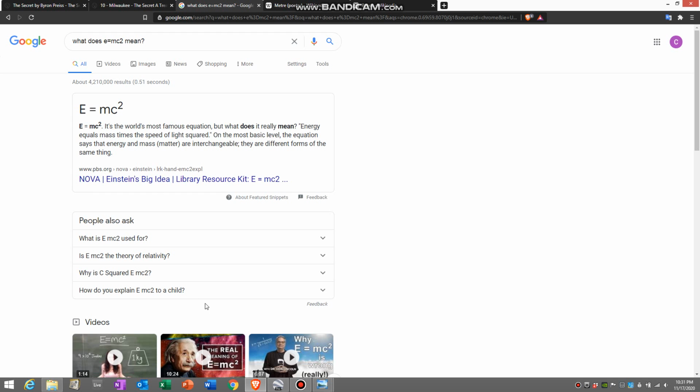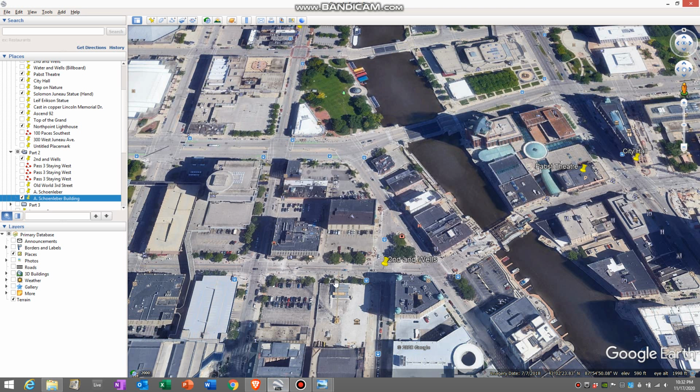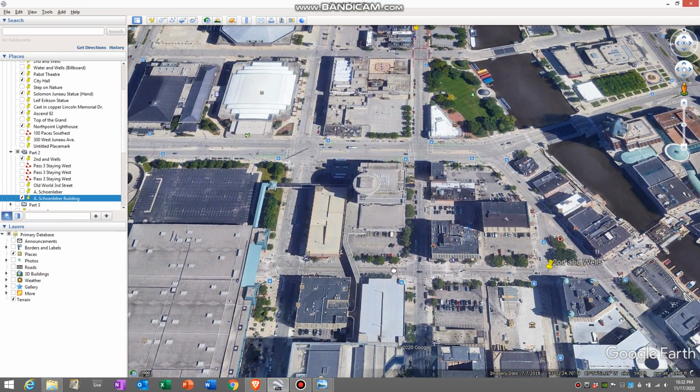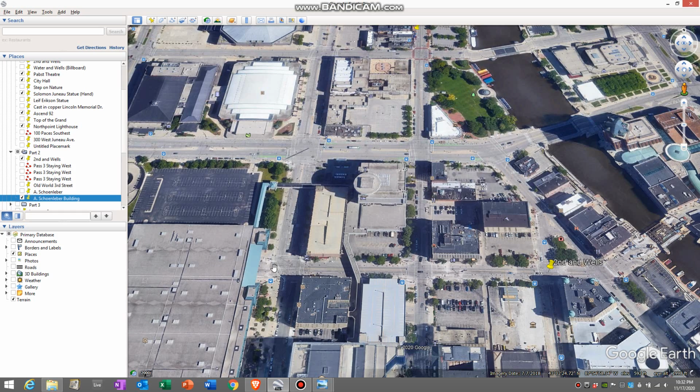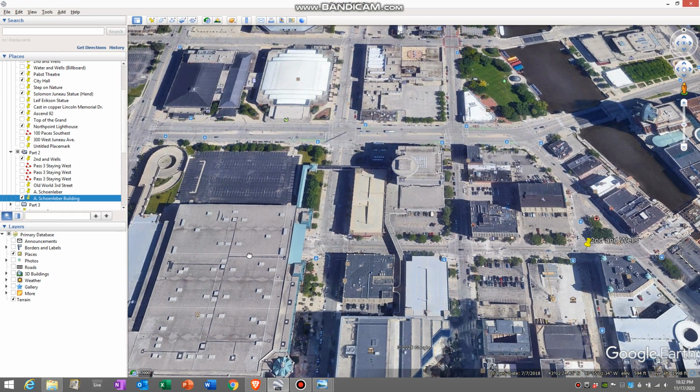Okay. Now going back to the map, we started here on 2nd and Wells, but if we go back in time and go back down the street where Wells kind of dead-ended into this building, this is the Wisconsin Center now.